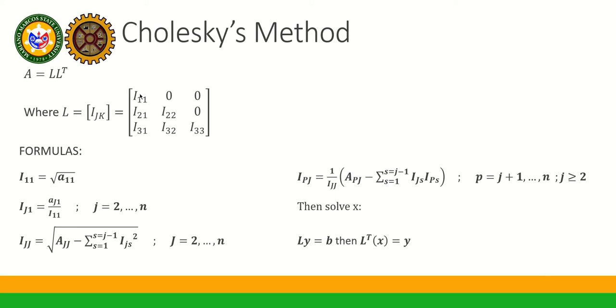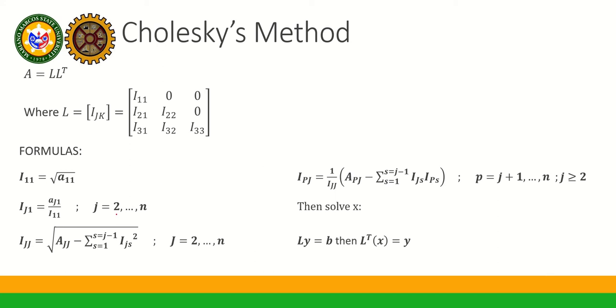So, yung main diagonal and the lower part are all unknown. Tapos yung upper triangle niya is 0, 0, 0. So, in solving for the unknown elements of the matrix, these are the formulas to be used. Okay?